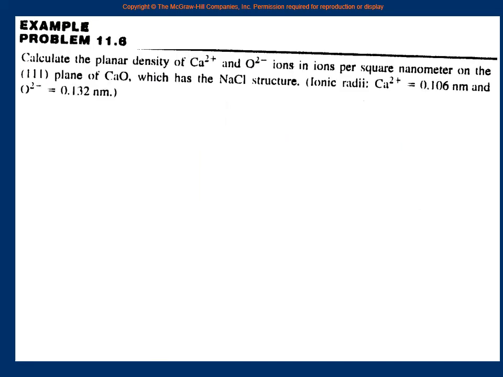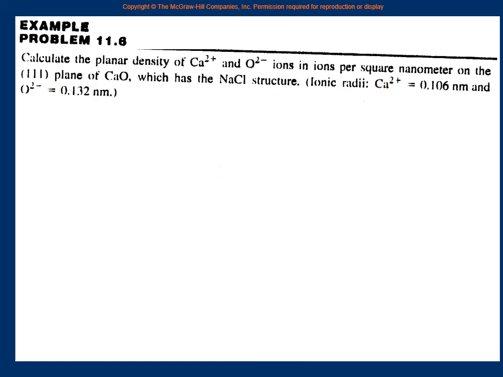So okay, the ceramic is still calcium oxide, which means that the structure is sodium chloride, but we are asking to find the planar density this time. Planar density, and the plane is the 1 1 1 plane, and of course the radius of calcium and oxygen ions should be given.